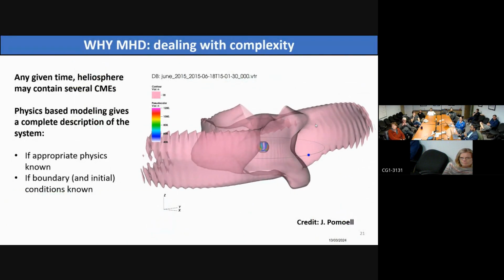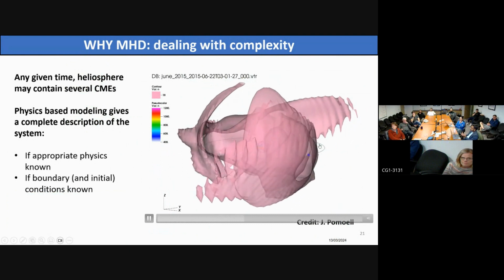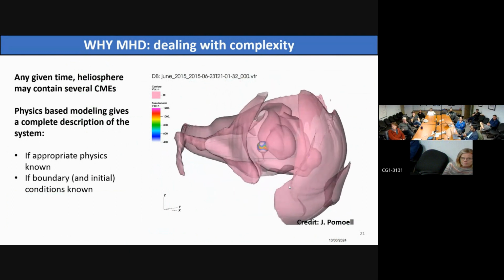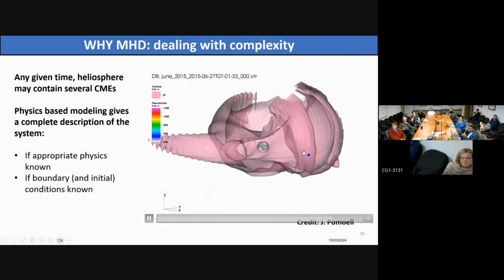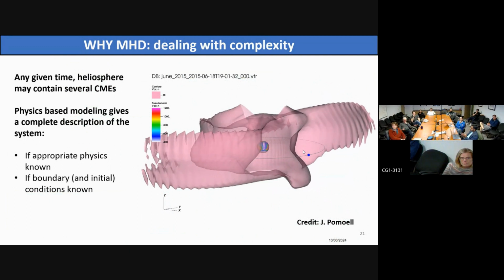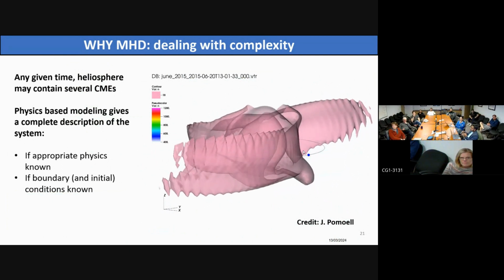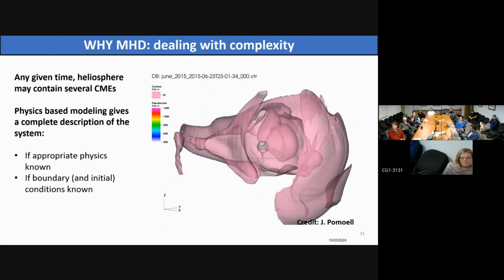So here this is an output from an MHD model, where basically these are the isocontours of a density structure coming from the Sun. You can see at the same time there could be many CMEs coming from the Sun. They could be interacting with each other.